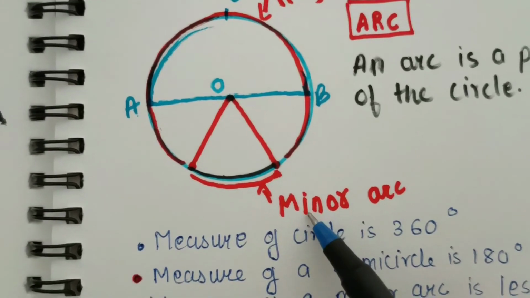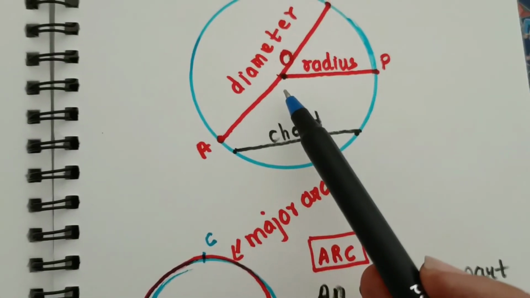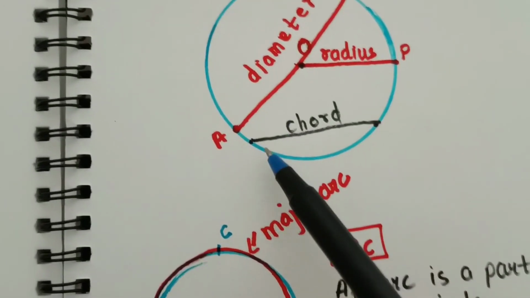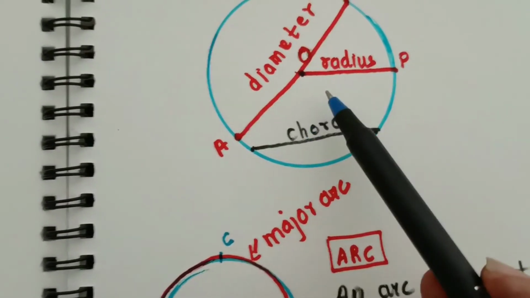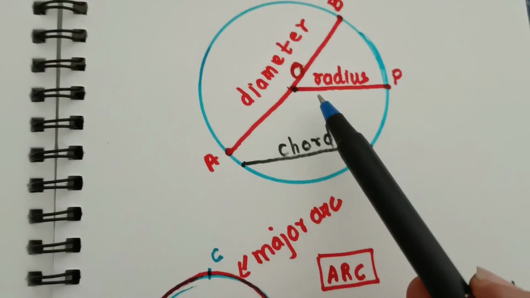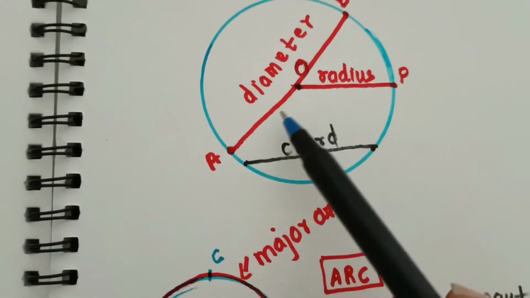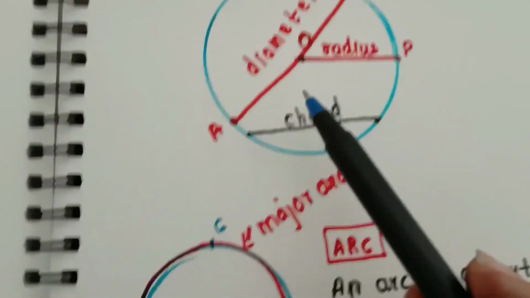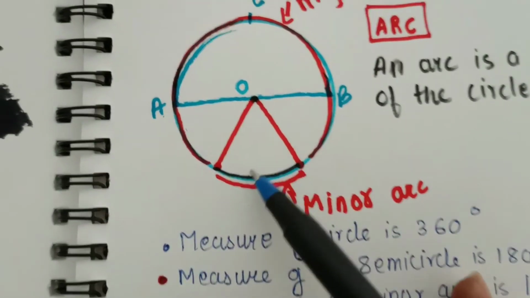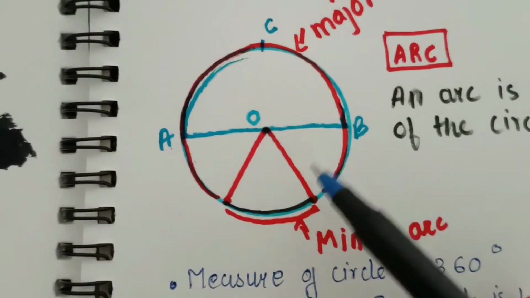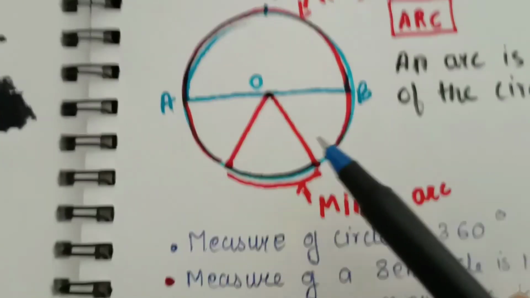So now we know what the center of the circle, radius, diameter, and chord are. One more property related to the circle is that the radius is half of the diameter and the diameter is twice the radius. We also learned about different types of arcs: minor arc, major arc, and semicircular arc.